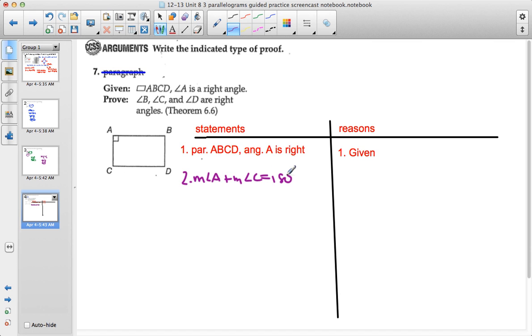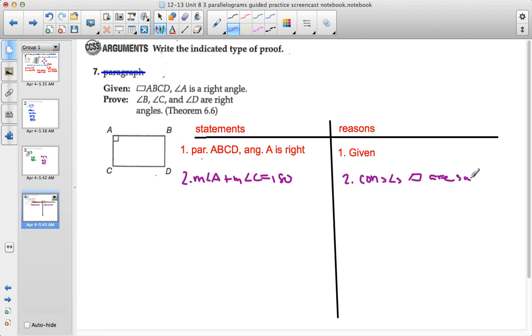So I'm saying A and C are supplementary, and I know that from one of my theorems that I just learned. That was theorem 5, that consecutive angles in a parallelogram are supplementary. And so I'm just going to write that: consecutive angles in a parallelogram are supplementary.